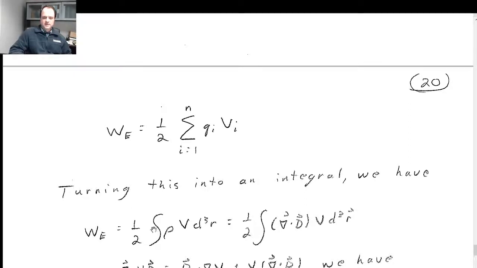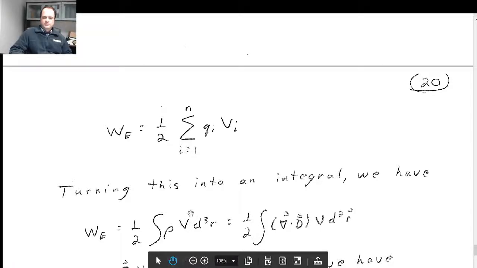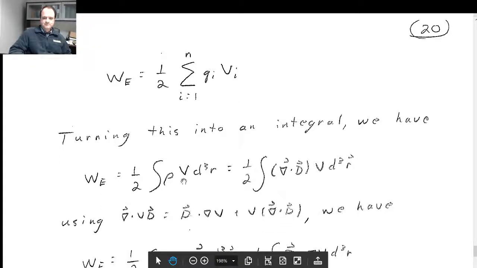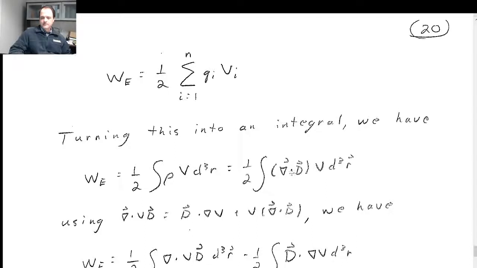So this sum, you let Q be equal to rho dV, so Q is equal to charge density times infinitesimal volume, and this is V, and you integrate over the volume. All right, and rho, from Gauss's law in materials, is del dot D. You put that in, and this is what you get.